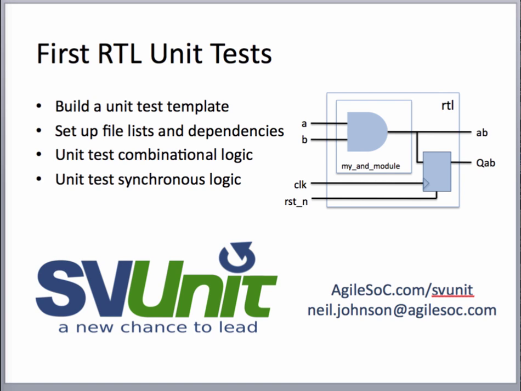We set up a file list with some dependencies and some plus include directories. We did unit tests for some combinational logic, which is a pretty handy place to start. And then we did a couple of tests that verified some synchronous logic: the output of a flop, and of course the reset state of the flop.